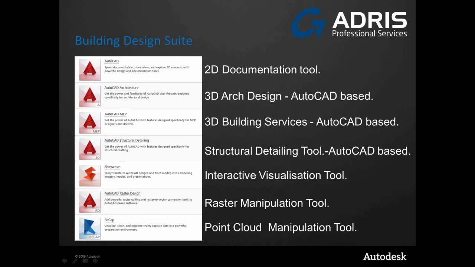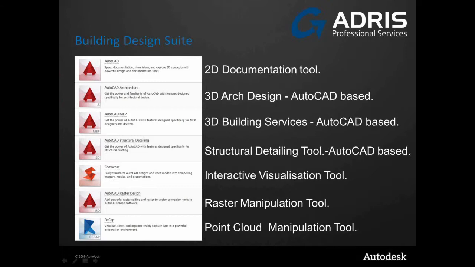Recap is point cloud manipulation software. So this allows you to import point cloud data. If you're not familiar with the concept of point clouds, it's possible to purchase, or via a bureau have somebody produce, a point cloud file for you, which will capture the status of any given building via a 3D laser scanner, and that will produce an image or a model based upon billions and billions of points.